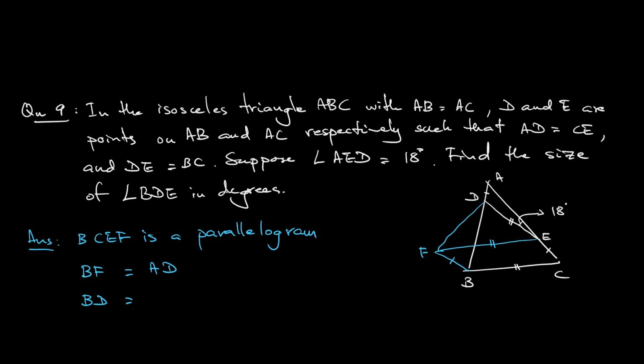BD is equal to AB minus AD, and AE is equal to AC minus CE. But these two are the same, right? Because it's isosceles, AB equals AC, and AD equals CE because the question said so.